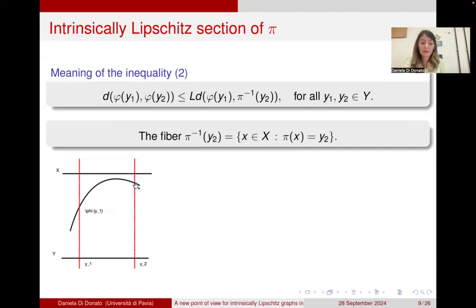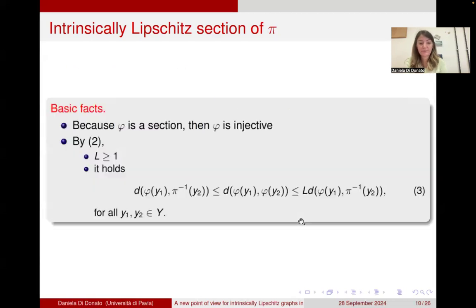In the picture, the fiber of y2 is the intersection between this red line and X, these two points, this and this. Because phi is a section, then phi is injective. Because of inequality 2, L is larger than or equal to 1, and the second inequality holds. That means that we study a sort of bi-Lipschitz condition.